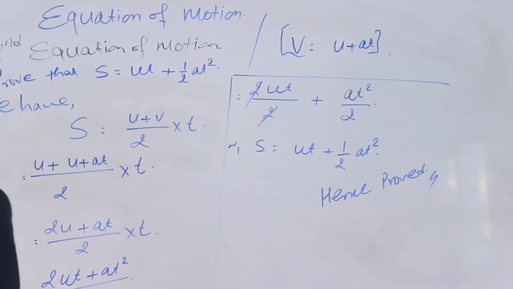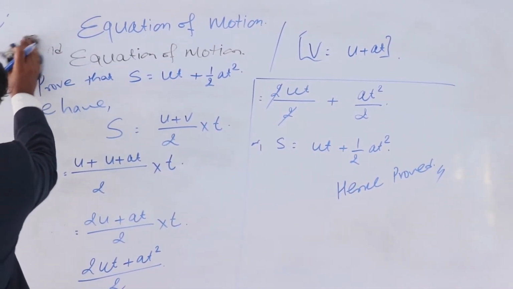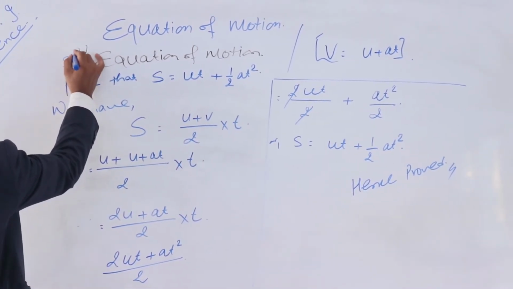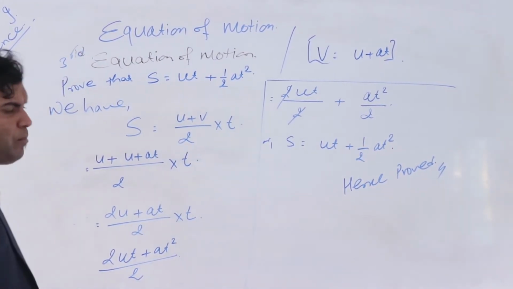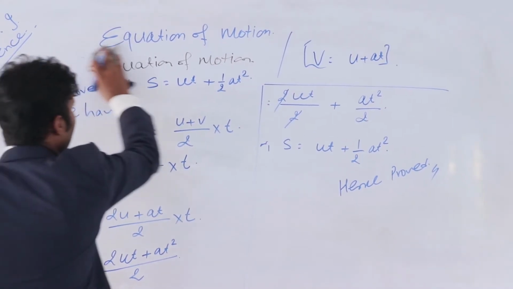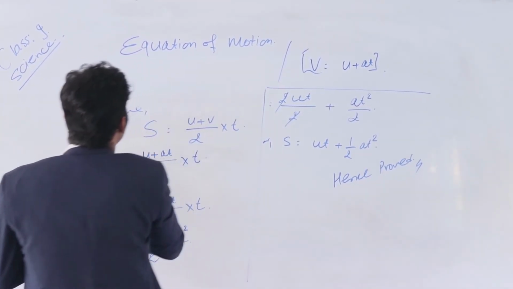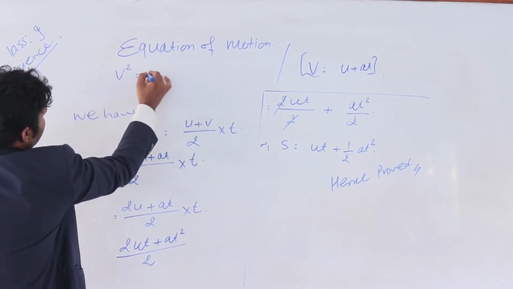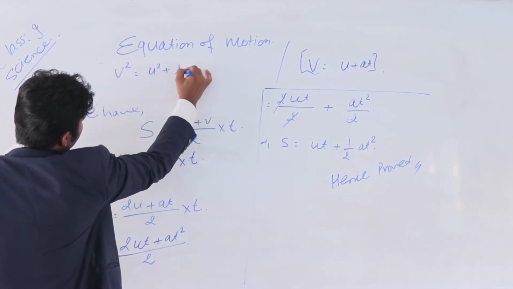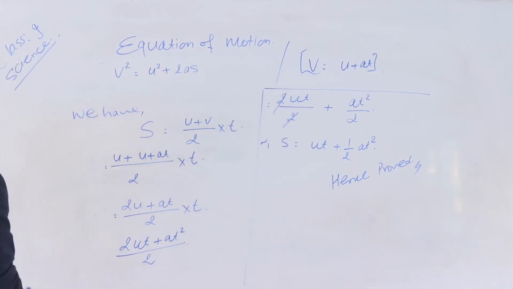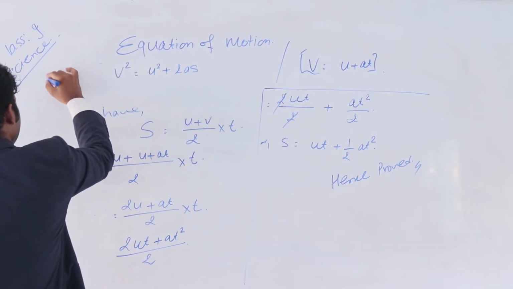Okay students, we don't want to delay, so we turn to the third equation of motion. Prove that V square is equal to U square plus twice AS.